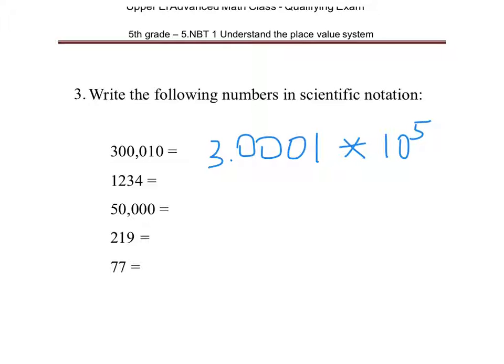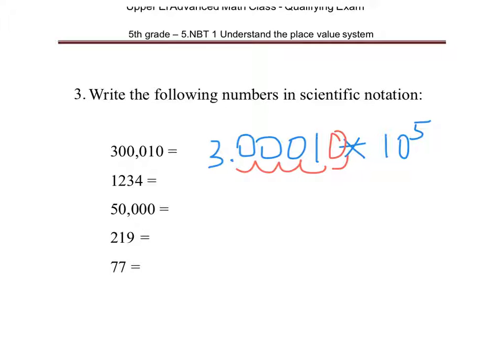Okay, and as you do that, when you multiply by 10 to the 5th, you're going to move the decimal point over 5. So what would happen here? You go 1, 2, 3, 4, and then a 5th time, and that would be the 0, and that would get you back to that number. So in the blue you see it, 3.0001 times 10 to the 5th.